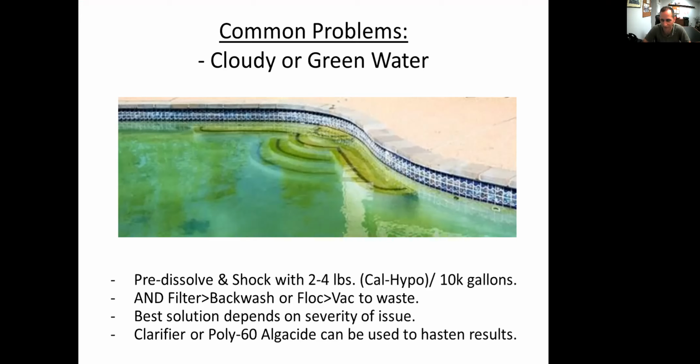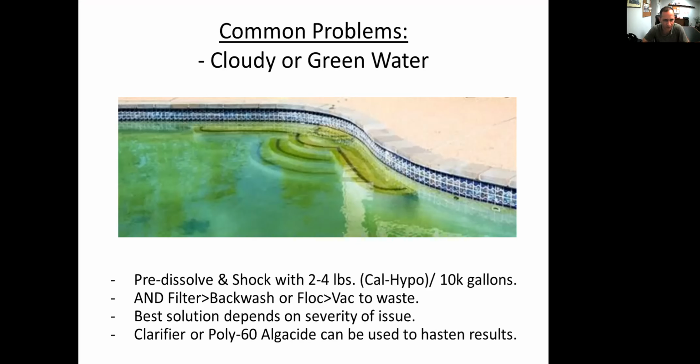You just add 1 quart per 20,000 gallons, and that'll coagulate and drop everything to the bottom, so you can vacuum it up and vacuum it to waste, so it doesn't go through your filter system at all. It just bypasses it and goes to waste. So, a couple options depending on the severity of the pool.